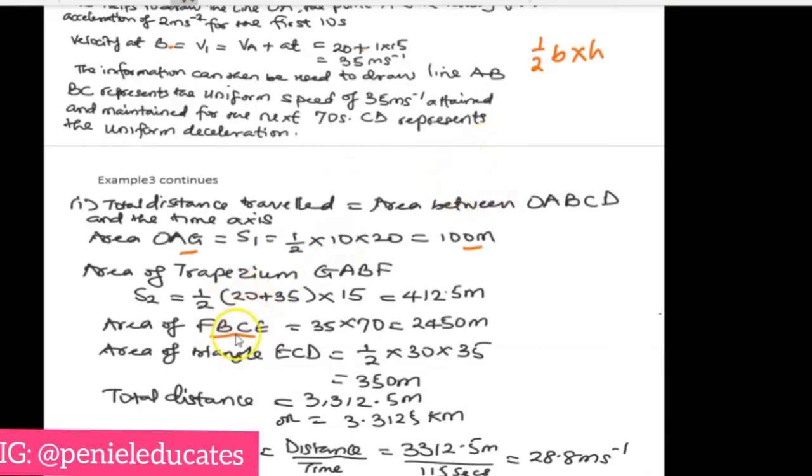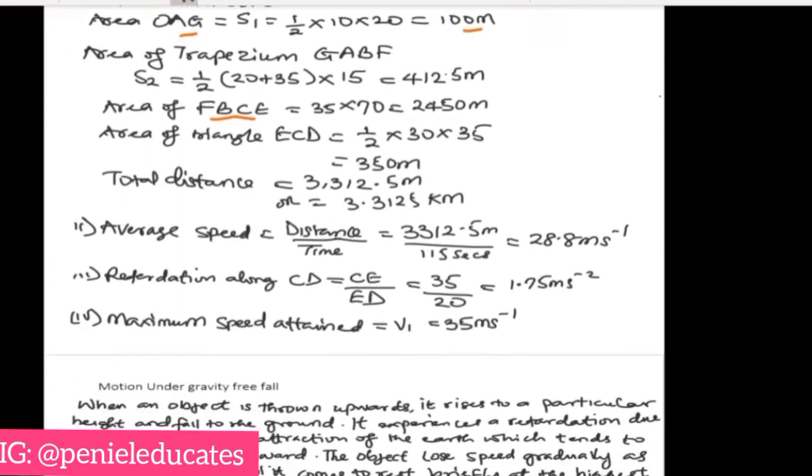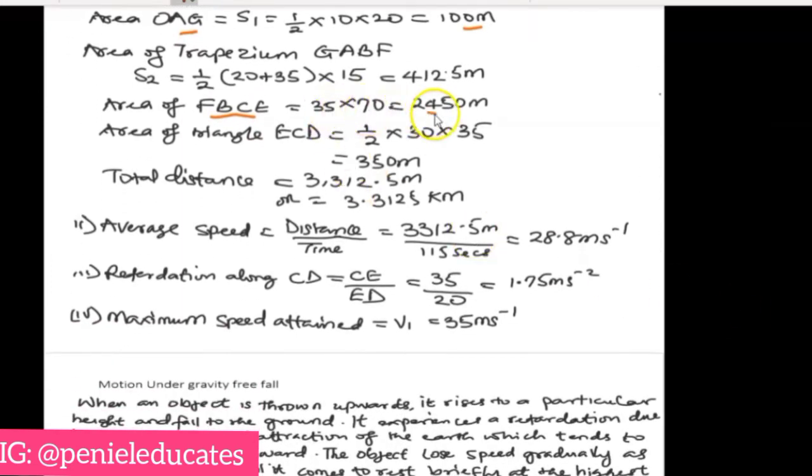So it is 35 multiplied by 70, since this 35 here, and this place is 70. 35 multiplied by 70, that's the area of the rectangle we're looking for there. Then you multiply it, it's going to give you 2450 meters. Then we have another area, the triangle, that is ECD.